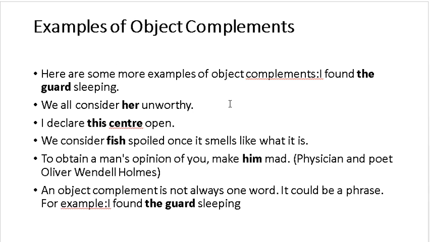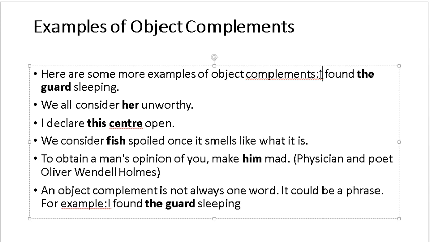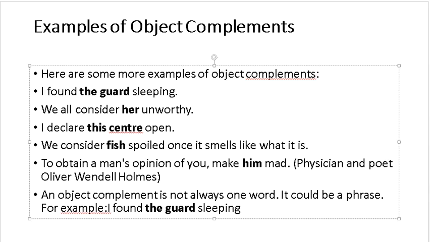Here are a few more examples of object complements. We can say, I found the guard sleeping. I was not sleeping, the guard was sleeping. So sleeping is the object complement. We consider her unworthy. We were not considered unworthy, but she was considered unworthy.